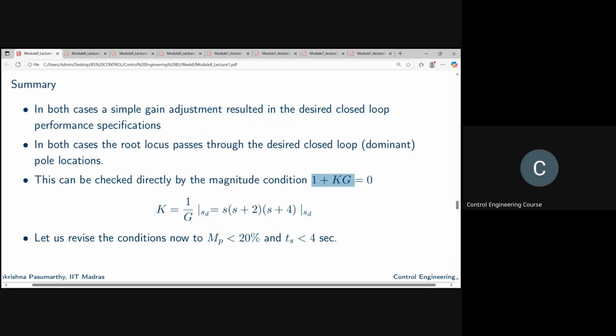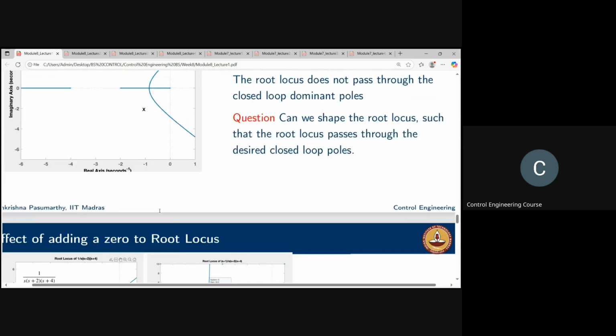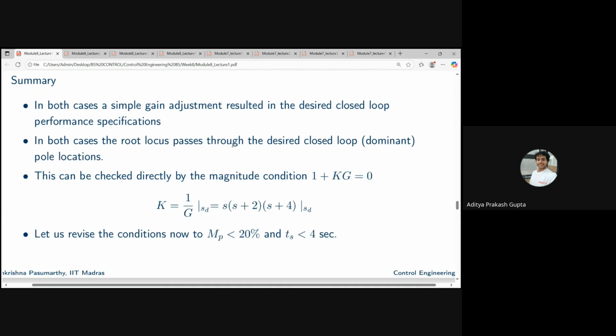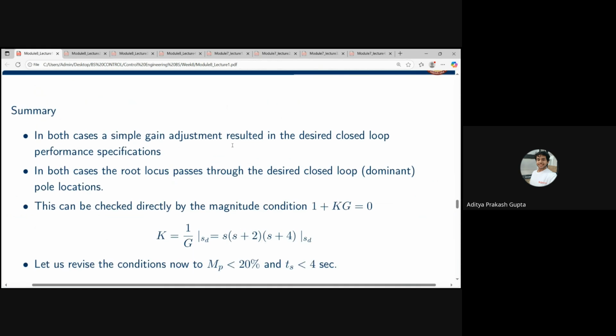You'll have 1 plus kg equal to 0, right? So k will be minus 1 by g, correct? So put your desired pole locations and see whether you get some k. So you're saying that we have to put the value of the pole at this location and calculate the k?